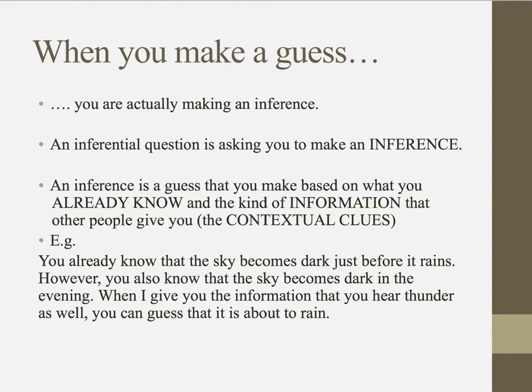For example, you already know that the sky becomes dark just before it rains. However, you also know that the sky becomes dark in the evening. So if I say to you the sky is dark, which one is the correct answer? You have to guess based on other pieces of information, such as you hear thunder.